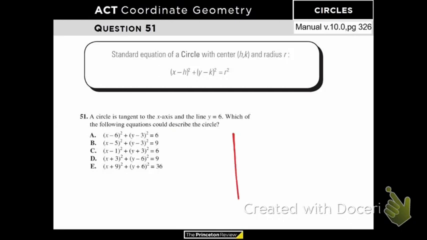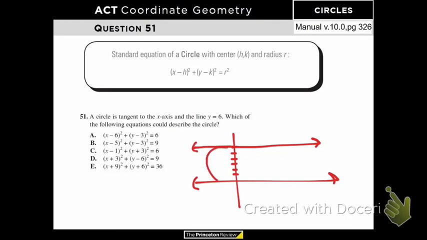I have the x-axis, say there, and then the line y equals 6 is a horizontal line up at 6. So a line like this. So it says that the circle is touching at one point the x-axis and the line y equals 6. So I know it's got to be somewhere in this path like that.